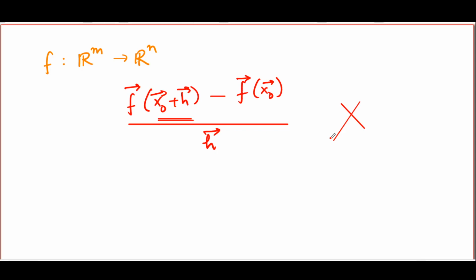Now, I did say a while ago that you can actually do calculus beyond the real line, you can sort of push it and make it work for functions from Rm to Rn. But as I have just shown you, you cannot calculate the derivative the way we did for ordinary calculus. We need a new idea.